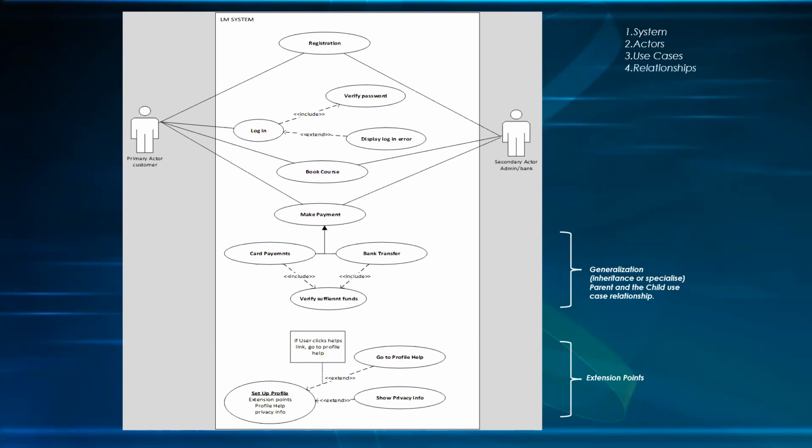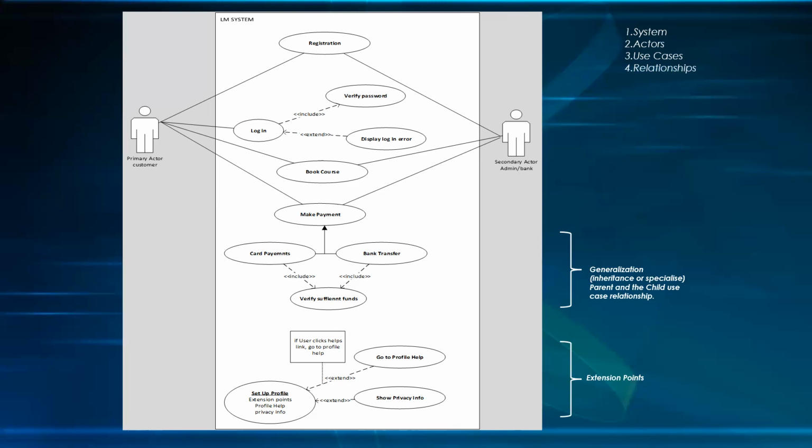However, those two payments become an inheritance. You either call it an inheritance relationship or a specialized relationship. Again, every time you make payments, the system verifies you have sufficient funds.